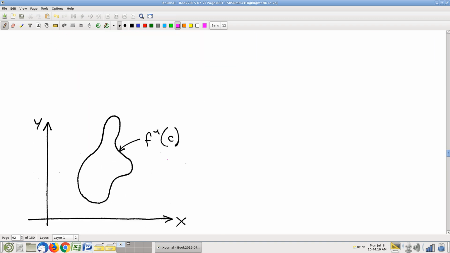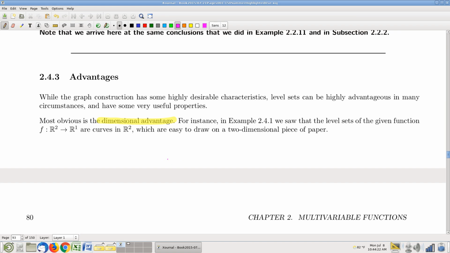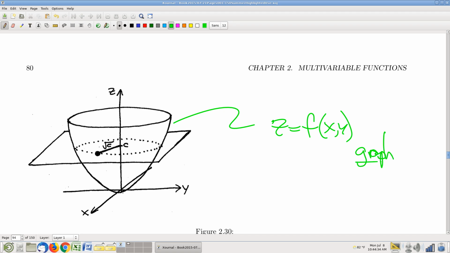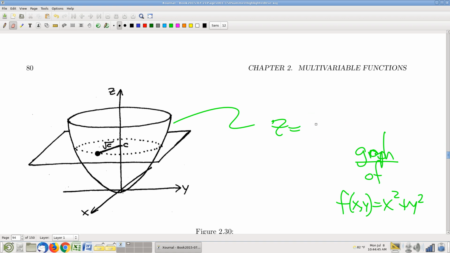Just to see a specific example, here's the graph of a function we've seen before. This is z equals f of x comma y, the graph of f of x y equals x squared plus y squared. So that's the graph of that particular function.